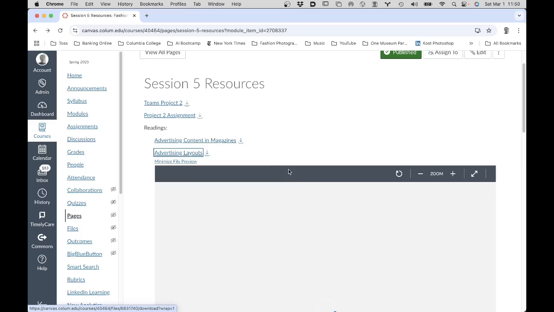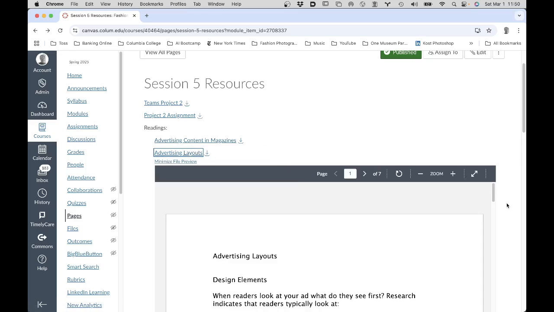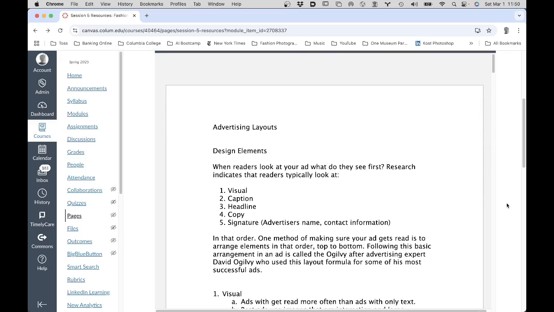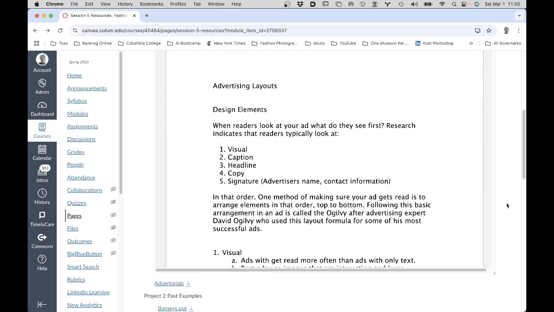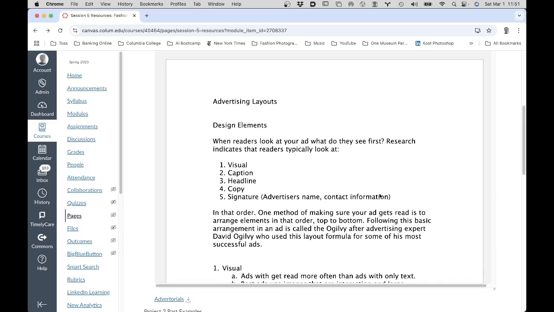Yeah, Advertising Layouts. So this is a PDF of basically what I was just talking about. You should read through this because this will help you understand what you're looking for in your ad and, again, possible layout strategies and that kind of stuff.